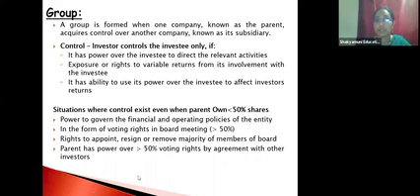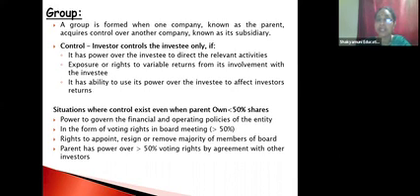The board of directors are appointed by the shareholders. In our case, the parent is a shareholder. Company A is a shareholder in company B. Why does company A purchase shares of company B? So company A is a shareholder, and here company A is the parent.